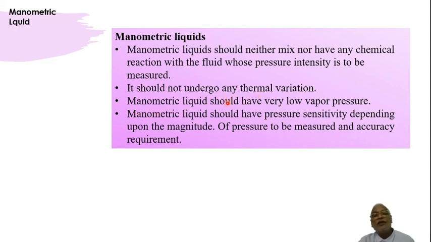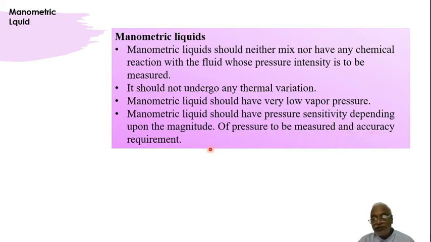Right? Manometric liquid should have very low vapor pressure. Then manometric liquid should have sensitivity depending upon the magnitude. In the sense, if there is a high pressure, what should happen? If there is a low pressure, what should happen? That sensitivity should be there, depending on the pressure to be measured and the accuracy required.